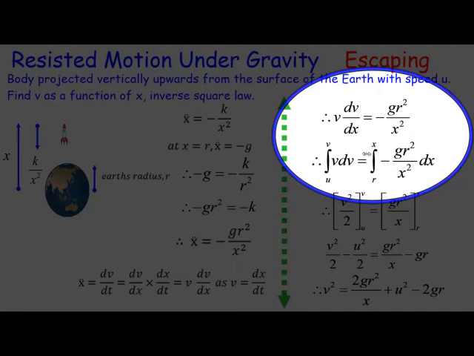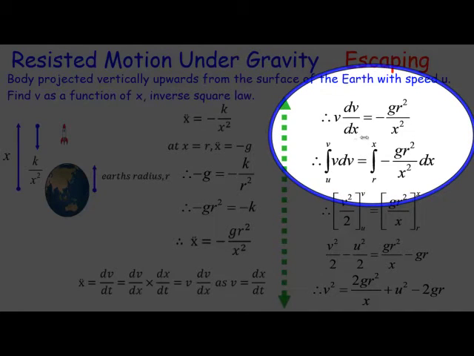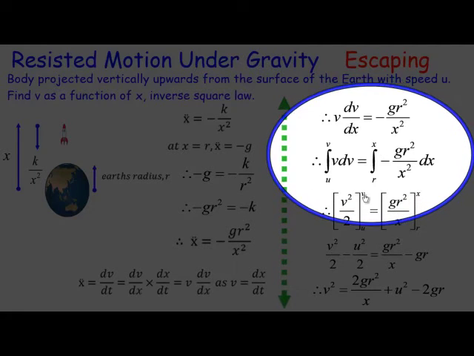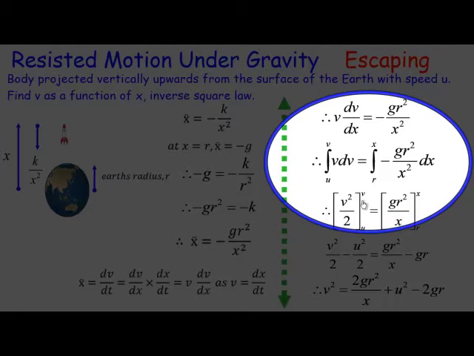And we are going to integrate. Basically the velocity is going from u, the initial velocity, to some velocity v, and the distance x is going from the surface to just a general x position.